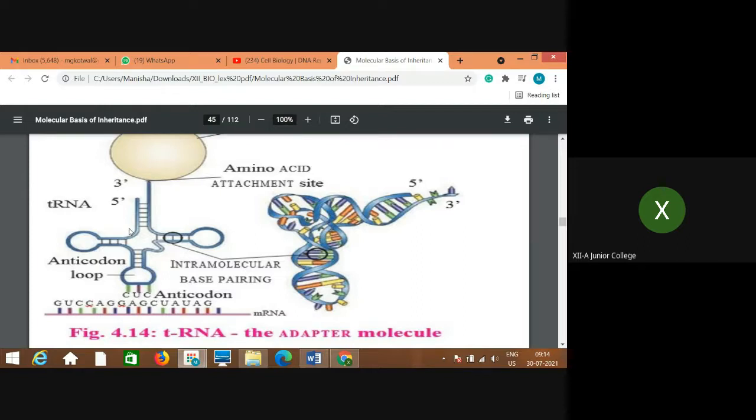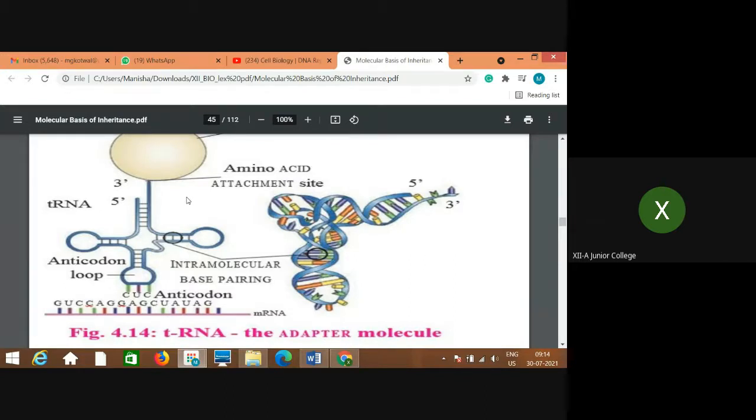So this is very important. The remaining structure of tRNA I will not explain right now, but you should remember and understand these two points because they come in the next part, the actual part of protein synthesis.